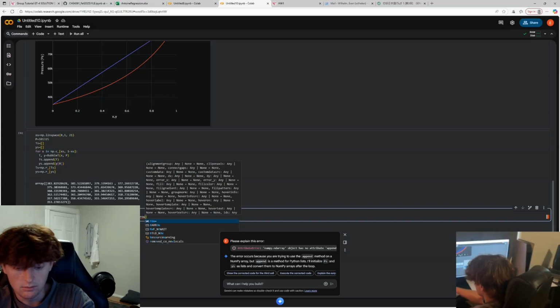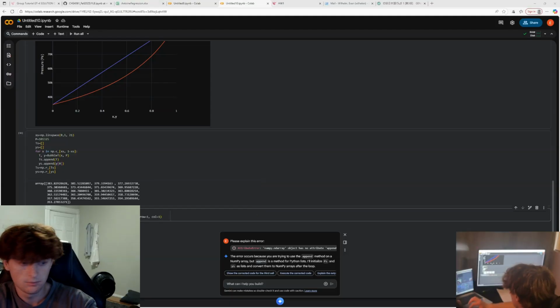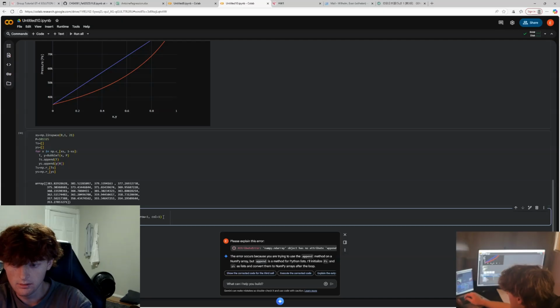We want row equals 1, column equals 1. We have our fig add scatter, we have our x's on our x axis and our t's on our y's, and this is our bubble line. And then the next one, which is fig dot add underscore scatter.